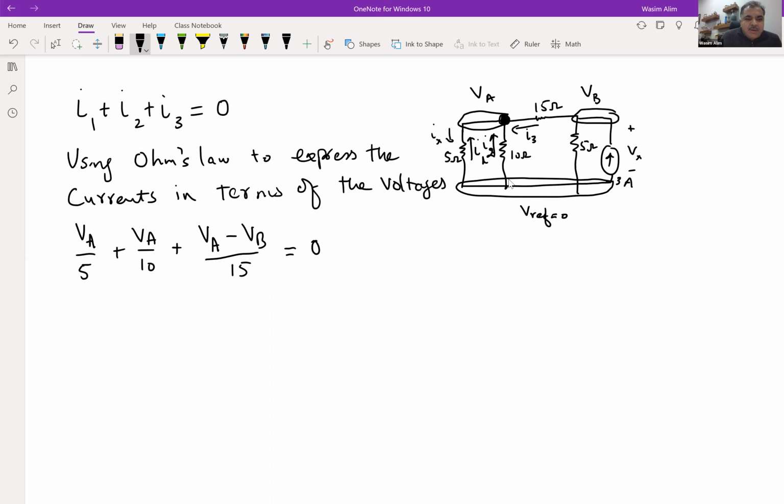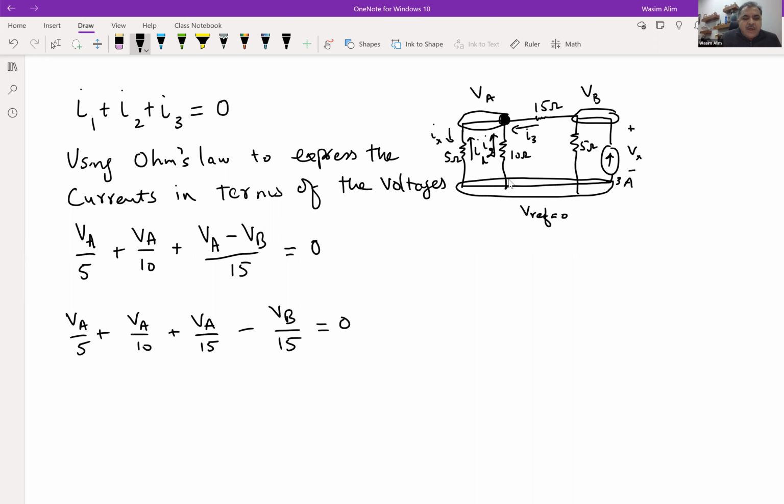So let's say this one we can then combine. We can say it's V sub A over 5 plus V sub A over 10 plus V sub A over 15 minus V sub B over 15 is equal to 0.